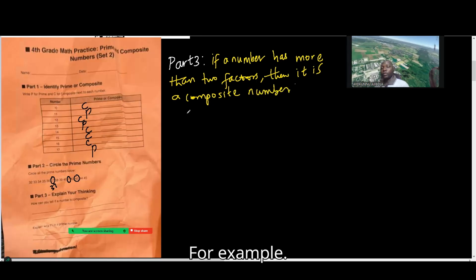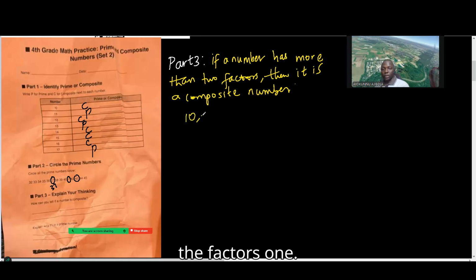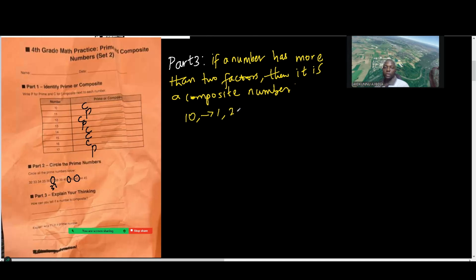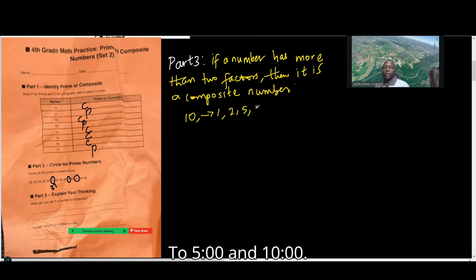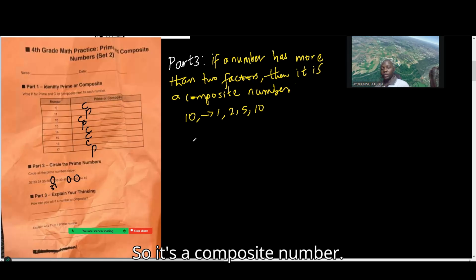For example, 10 has all the factors 1, 2, 5, and 10. So it's a composite number.